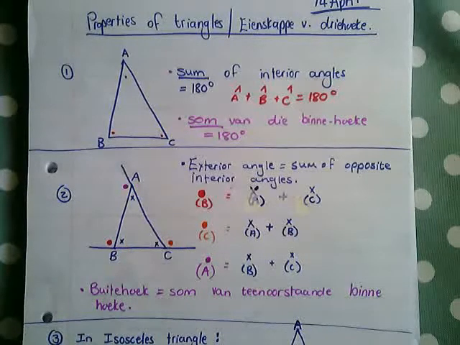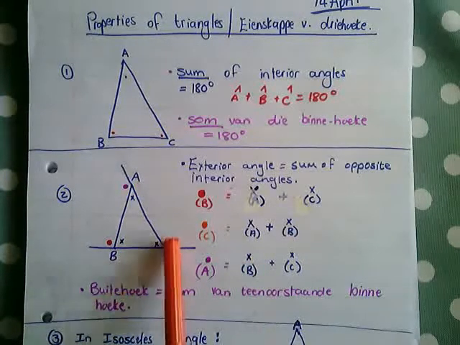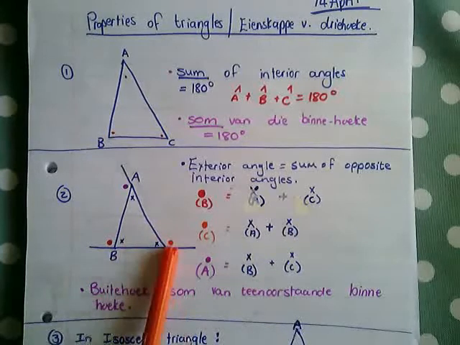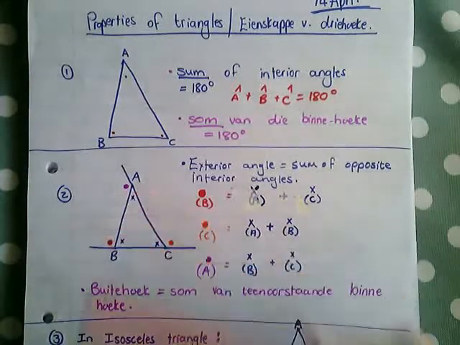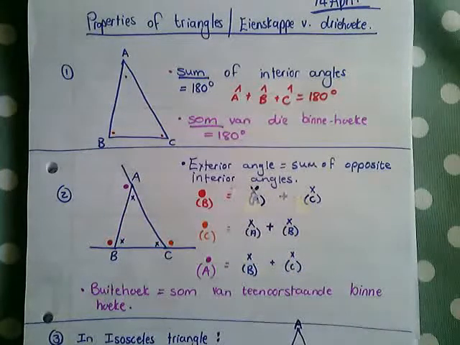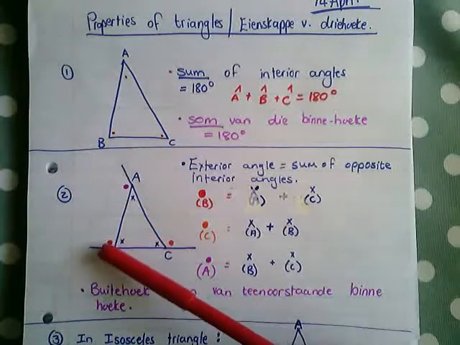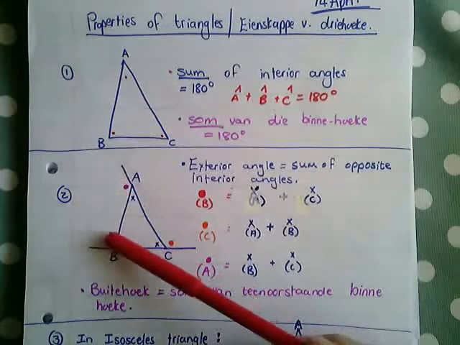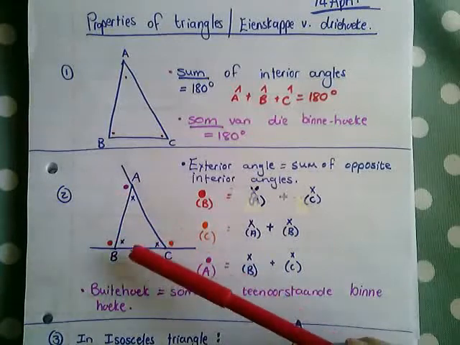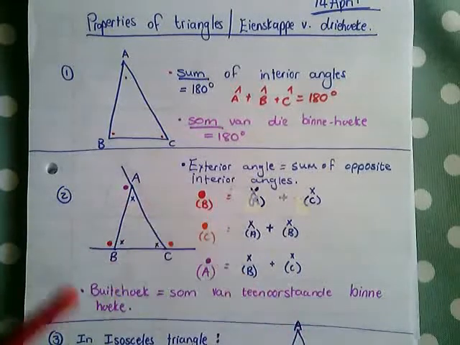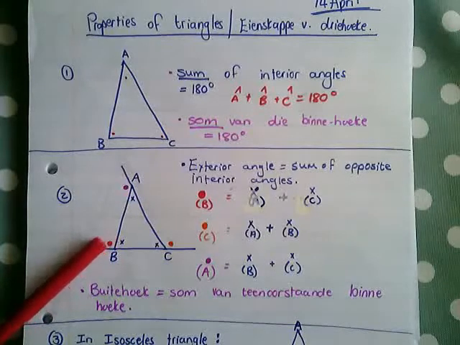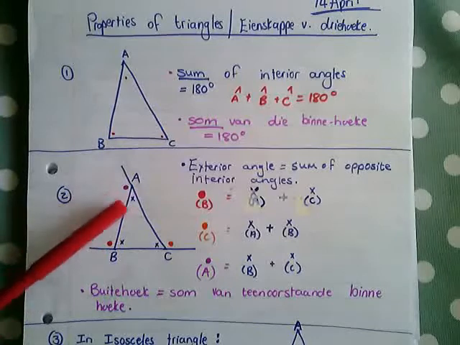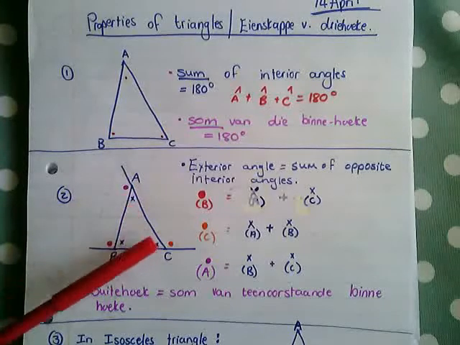Nou die reël is dat die buitehoek van 'n driehoek is gelyk aan die som van die teenoorstaande binnehoeke. So the exterior angle, any exterior angle that was formed by extending a line of an angle of a triangle, that angle will be equal, the exterior angle will be equal to the sum of the 2 opposite interior angles.